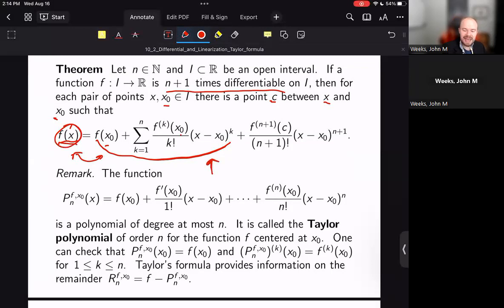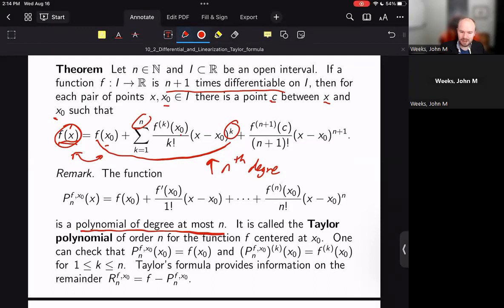It's going to be an nth degree polynomial, I should say, because the largest possible value of k is given by this ending term for the sum. It can go as high as n. So the highest power of x that I get is x to the n. So this is a polynomial of degree at most n, because this nth derivative could be 0.